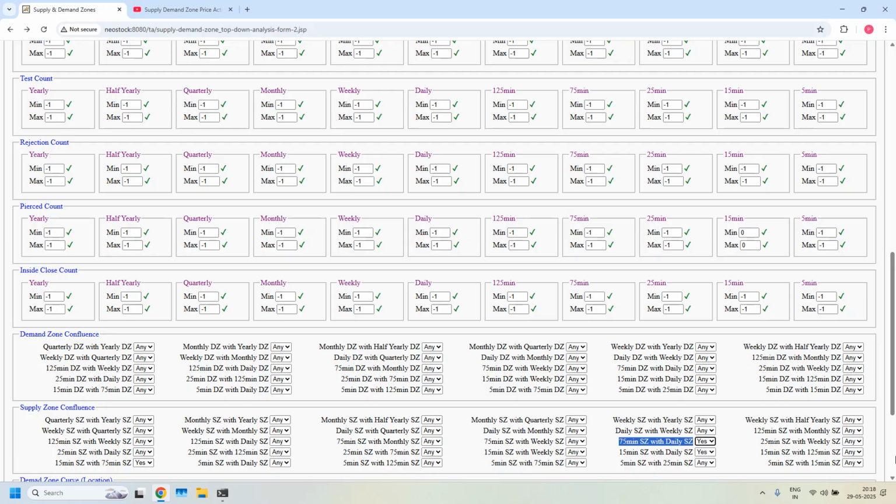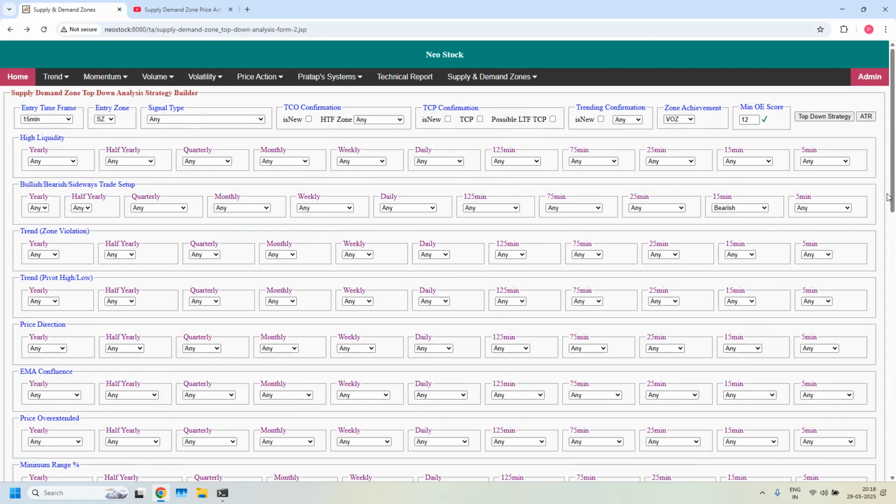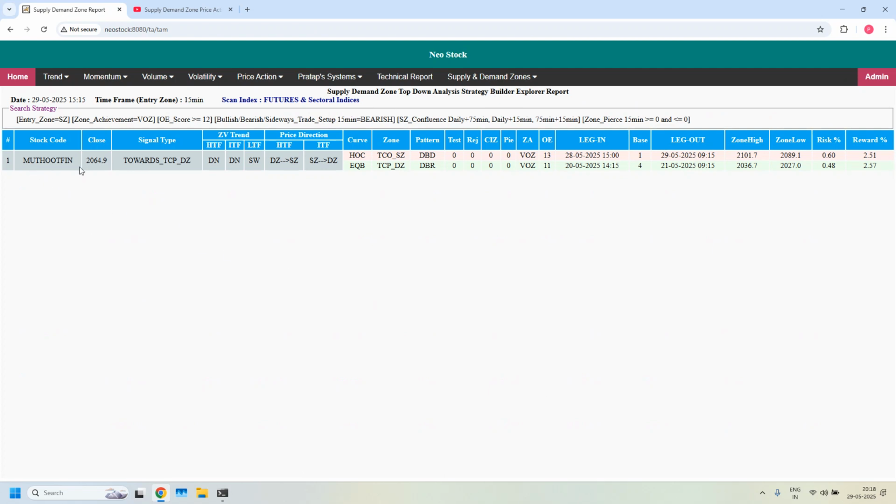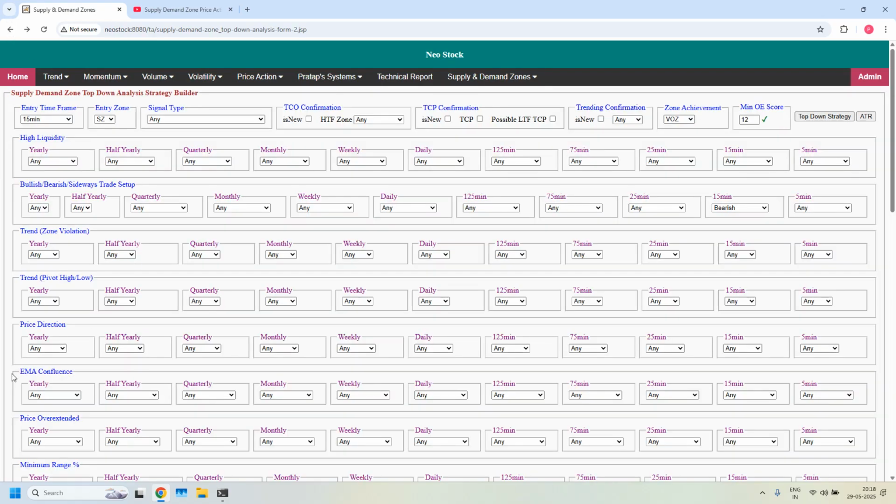With all the 3 filters, LTF, ITF, HTF supply zone confluence, again the stock is filtered. That means this 15-minute supply zone overlapped with the 75-minute supply zone. Both together again overlapped with the daily supply zone. And daily trend is a downtrend. Let's verify if this stock's daily supply zone has daily EMA confluence or not.